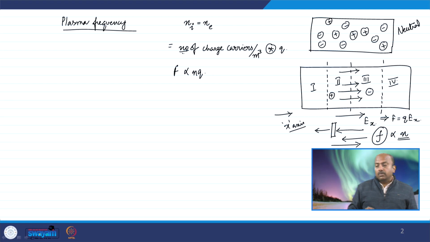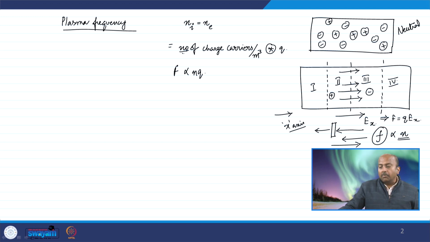The restoring force driven by the electric field is making the particles come back to their original positions. But because of the inertia, these particles, having picked up a velocity, overshoot their initial positions. Immediately a reverse electric field is set up, which decelerates the particles and tries to bring them back towards their original position. In the absence of any damping, any loss of energy by the electrons, these oscillations will continue to persist.